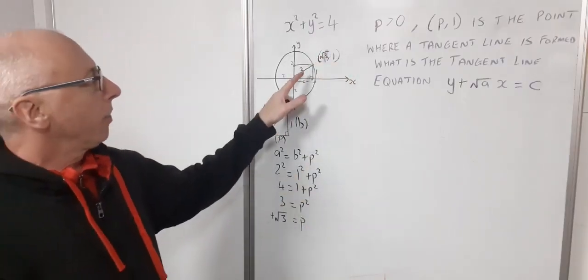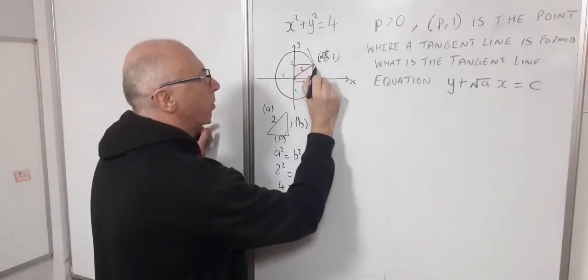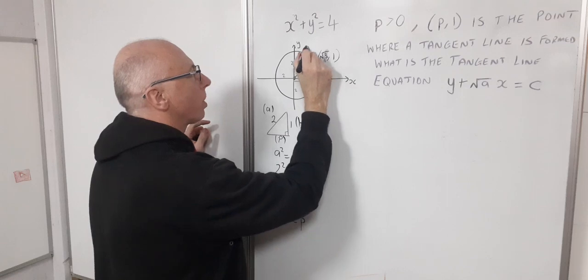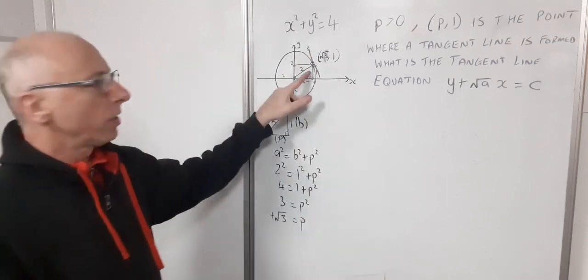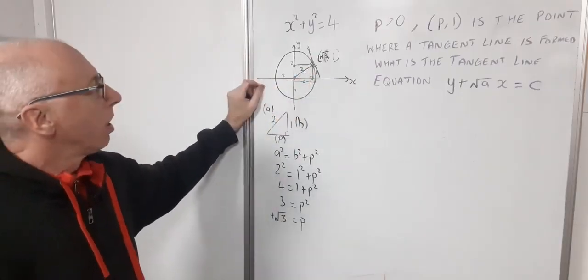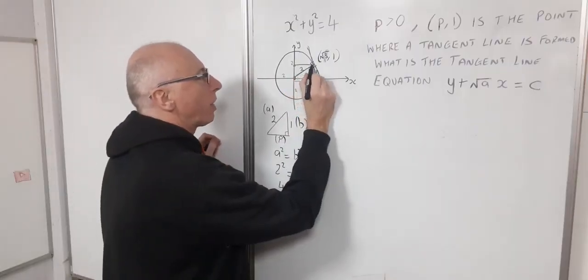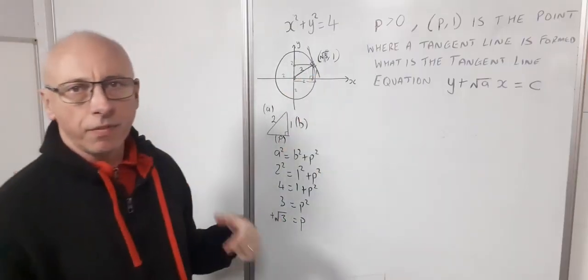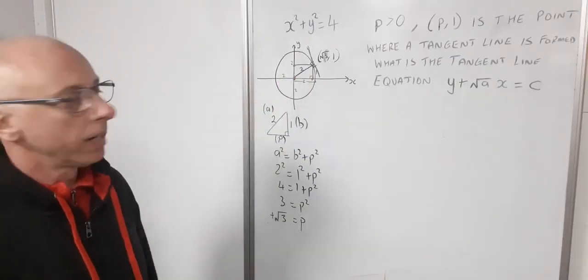Okay, now we need to find the equation of the tangent line. Now the tangent line will be like this along here, touching the circle, and it will form a right angle where it touches the circle. Now how can we find that equation? Well, first of all, we can find the gradient of this and then find the negative reciprocal of that gradient, as it's a tangent line.